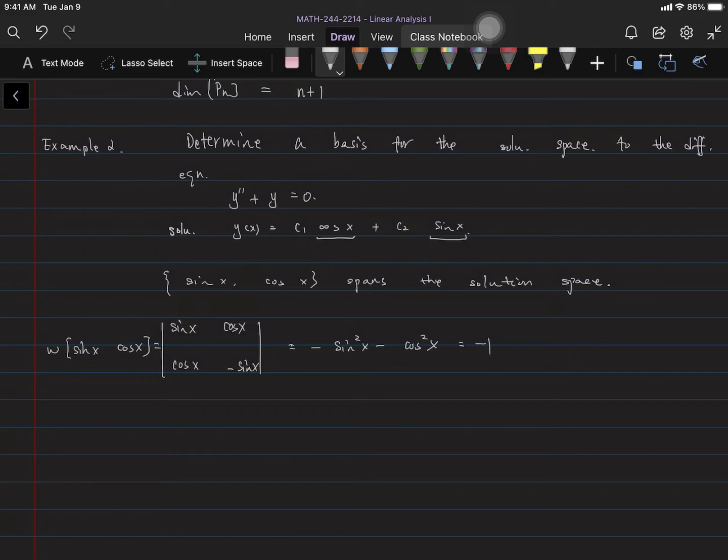This definitely is not 0, so they are independent. In this case, they span and are independent, so sine x, cosine x is a basis for the solution space.